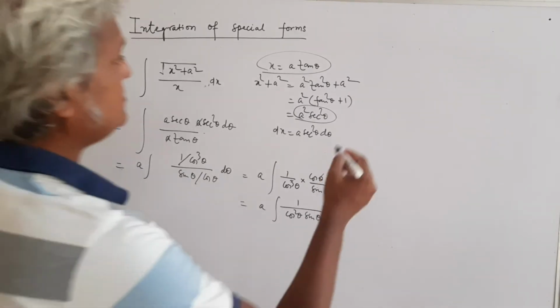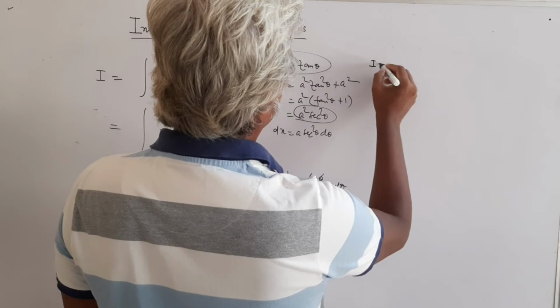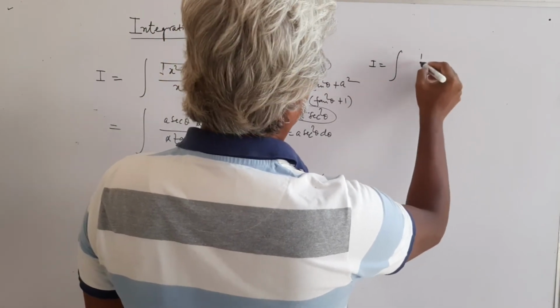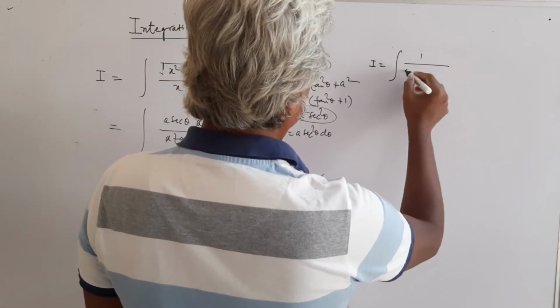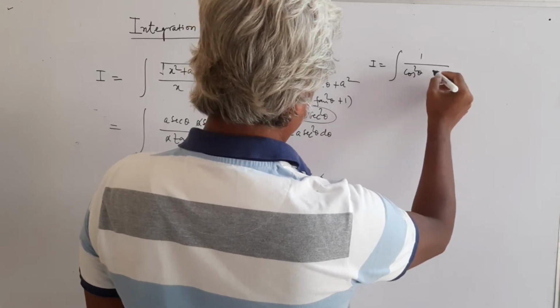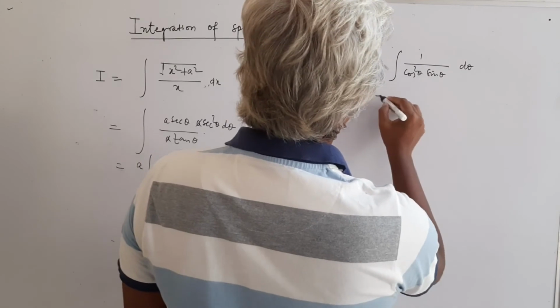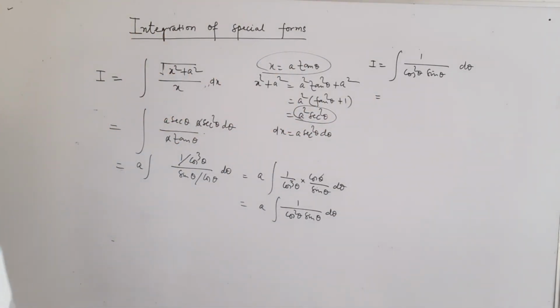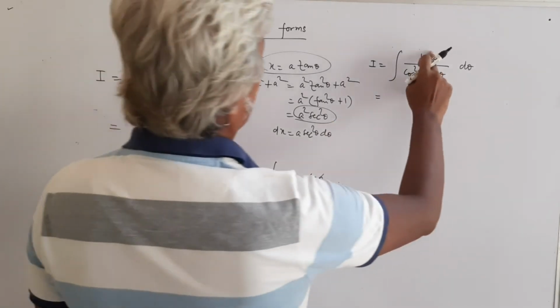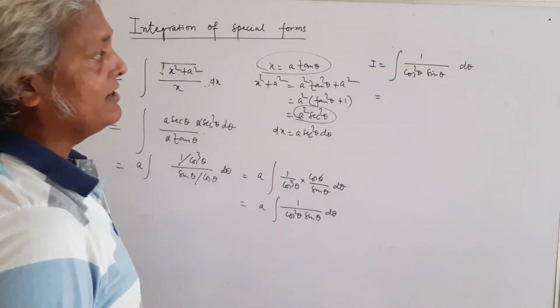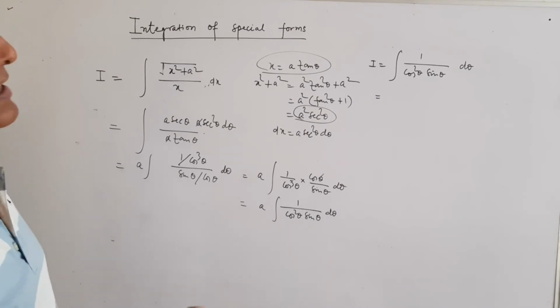Now let's see. So we have I as integration of 1 over cos square theta sin theta d theta. What I do is, if I multiply sin theta up and down, then I can get one sine in the top, and the denominator becomes sin square theta, which I can later convert as 1 minus cos square theta.